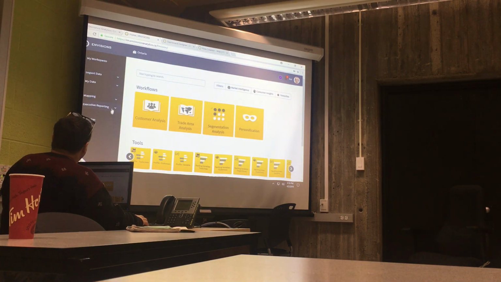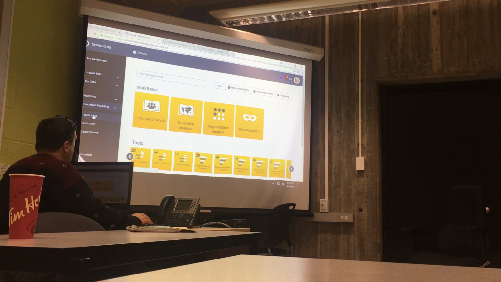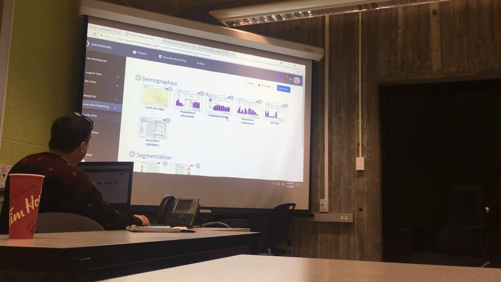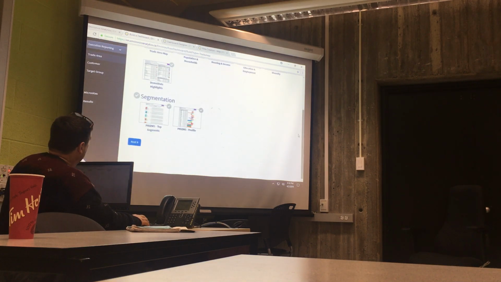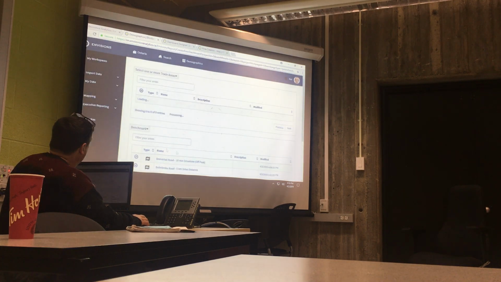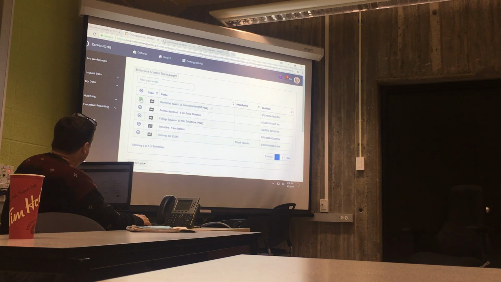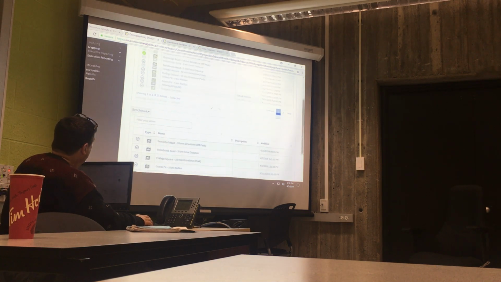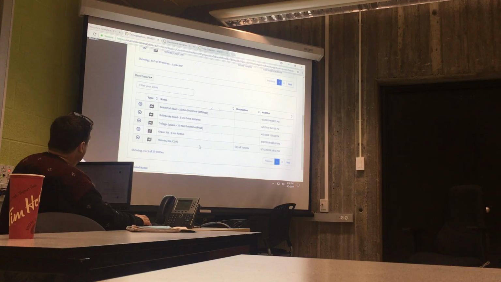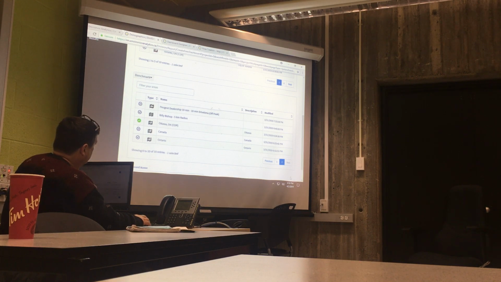So we want to look at the executive report trade area. Okay, so we have population and households. We have the area here, Beavertail Road, and we want to compare that with the city of Ottawa. So we have in the benchmark the city of Ottawa.